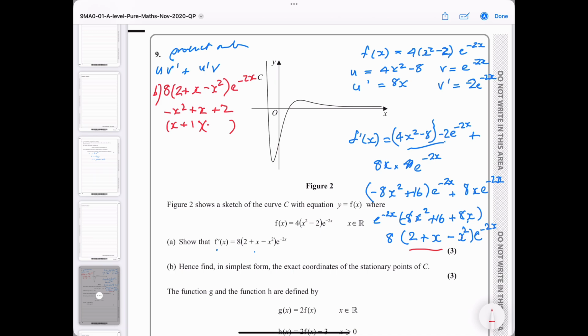And then that would be 2, so that gives you that minus x, and that does give you minus x squared, and then that's plus x, yeah, that gives you it.